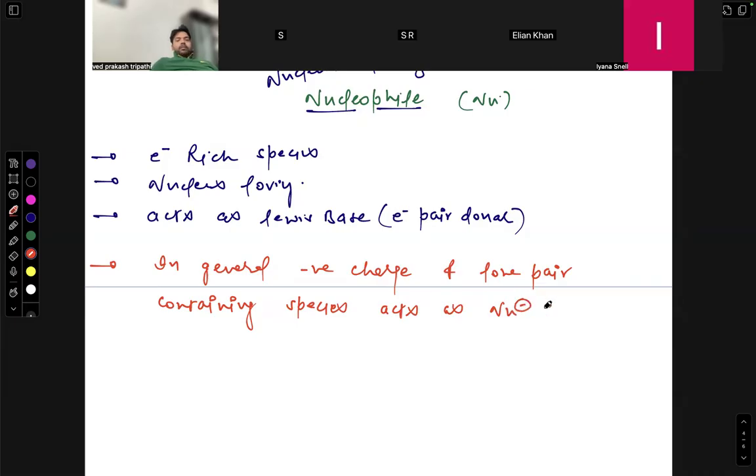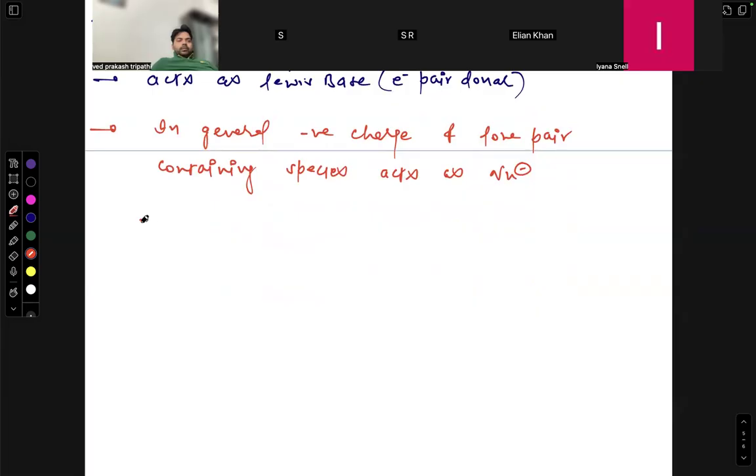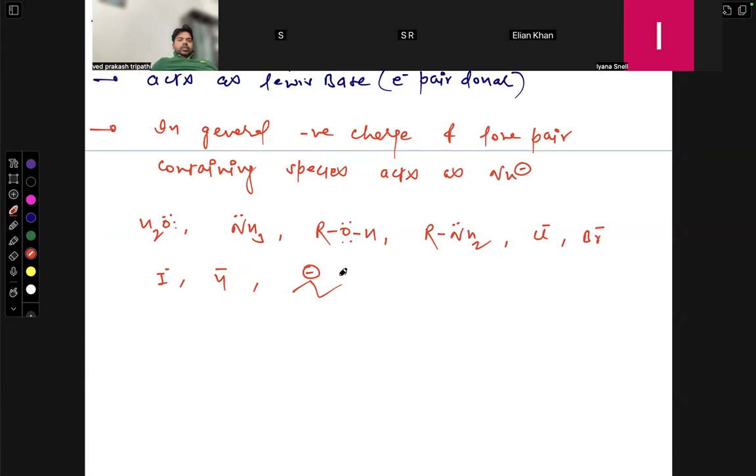So if any species which have lone pair or negative charge, for example, H2O, ammonia, alcohol, amine, Cl minus, Br minus, iodine minus, H minus, any carbon which have a negative. So they can act as a nucleophile. Make sense? SH minus, OH minus, they are all considered as a nucleophile because they have the lone pair as well as negative charge.